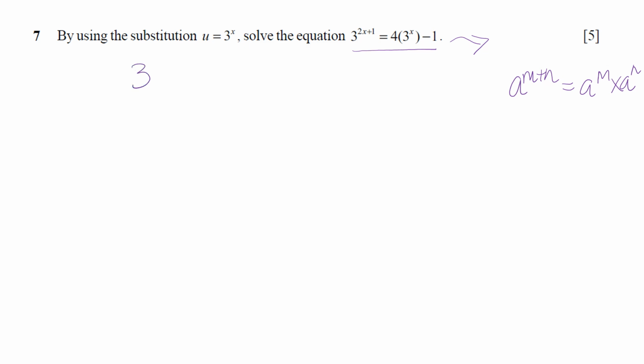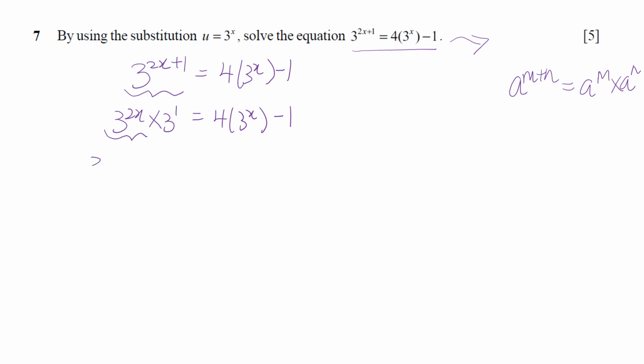So 3 to the power of 2x plus 1. We're going to break this up into 3 to the power of 2x times 3 to the power of 1. And this one further break it up into 3 to the power x times 3 to the power x.